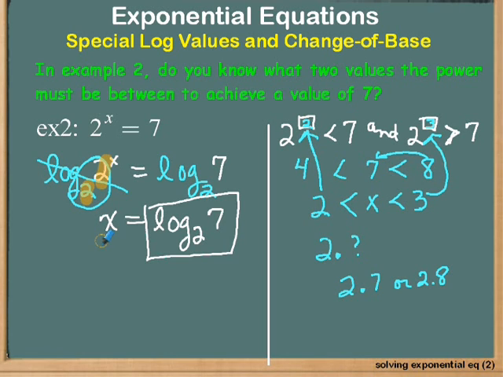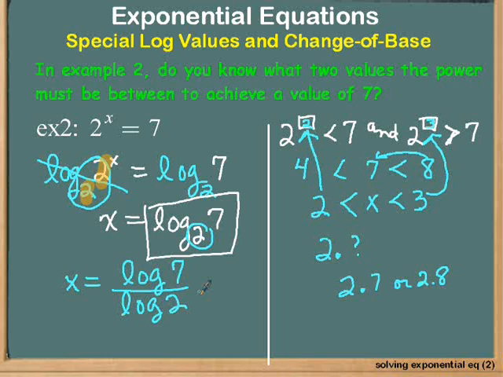So we've got those to match, and now I'm going to incorporate the change of base formula. So it looks like this. X now equals, remember what we have to do, that little base of 2 is going to drop to the denominator, and the big 7 is going to stay in the numerator. So all we have to do is put a log 7 over a log 2.